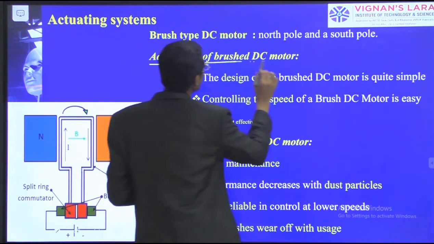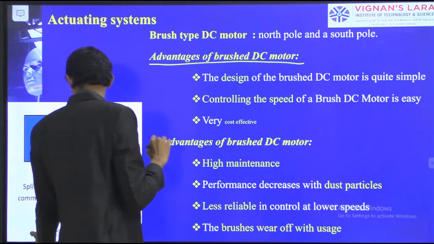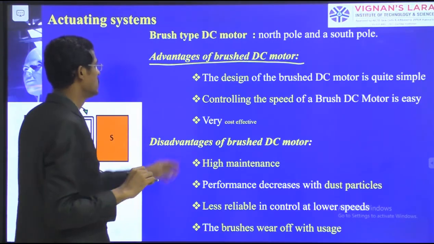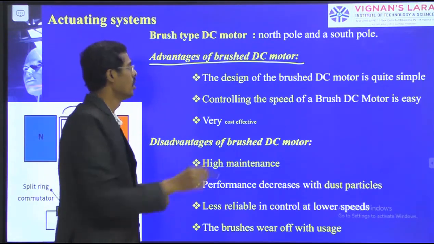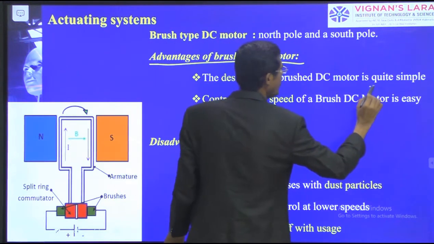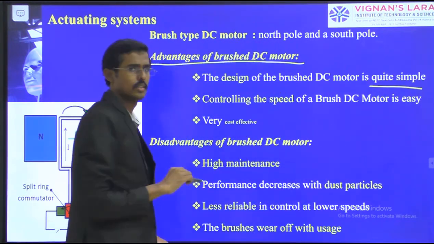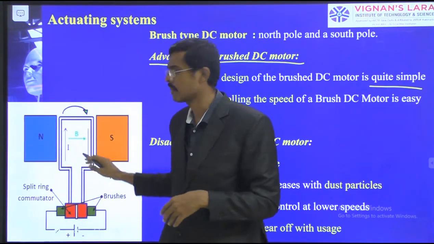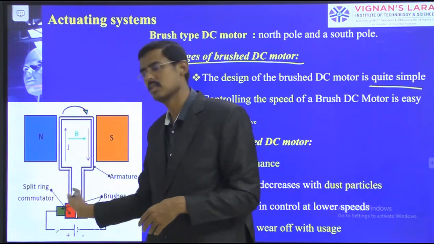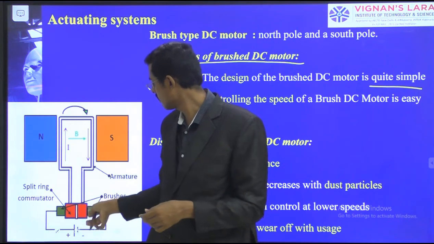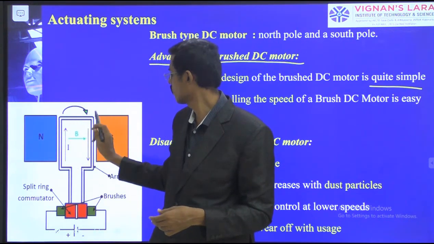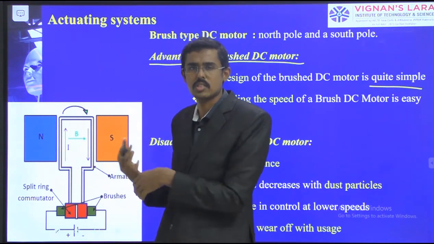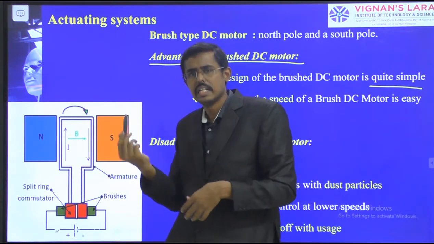The advantages of brushed DC motors. What do we have? See, the design of the brushed DC motor is very simple. We have a system of north pole and south pole, and we have the armature, split rings, and simple brushes. When the supply is given, the armature is going to rotate, and it is connected to the shaft, which is taken out as an actuating system for torque output.